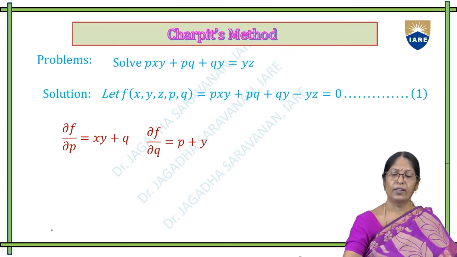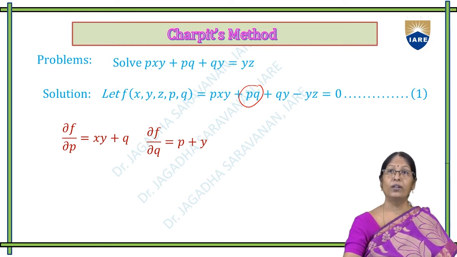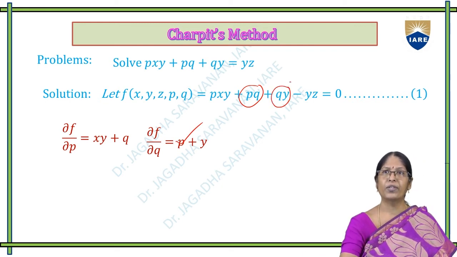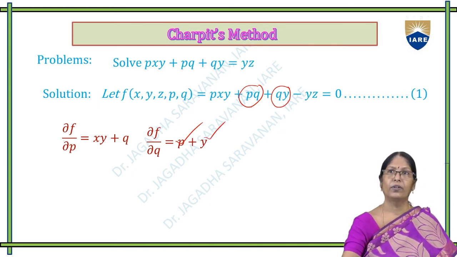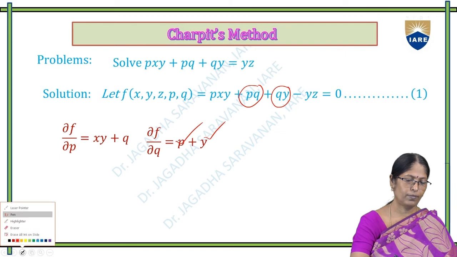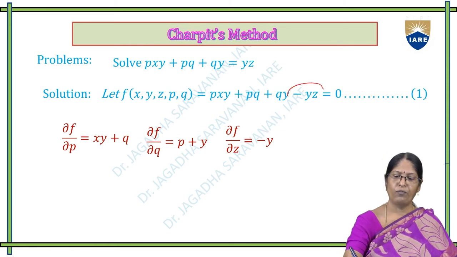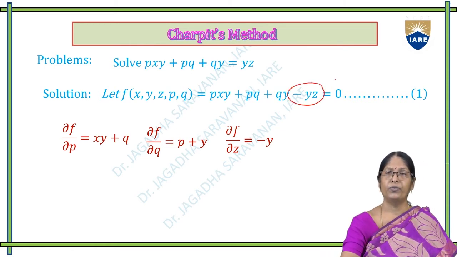Here q is there, q differentiation is 1. So 1 into p, and here also q is there. The q differentiation is 1 into y. The next one is dou f by dou z. Here only one term, the variable z is there. Z differentiation is 1 into minus y.